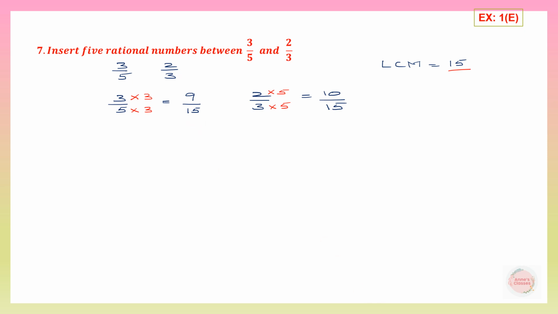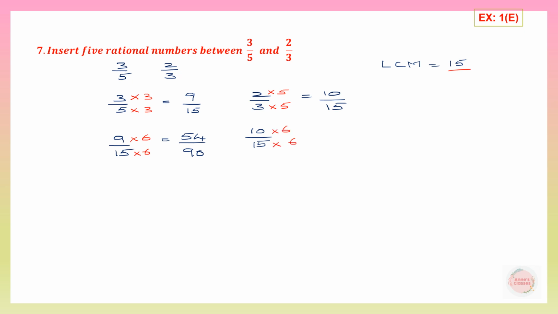I'm going to take 9 by 15 and I'm going to multiply this by 6. So let's multiply numerator and the denominator both by 6. So here what do we get? 9 sixes are 54 and 15 sixes are 90. Now let's take the next one, that is 2 by 3 or 10 by 15. We have converted this to 10 by 15, isn't it? So take that 10 by 15 and multiply this by 6 because we need 5 rational numbers.